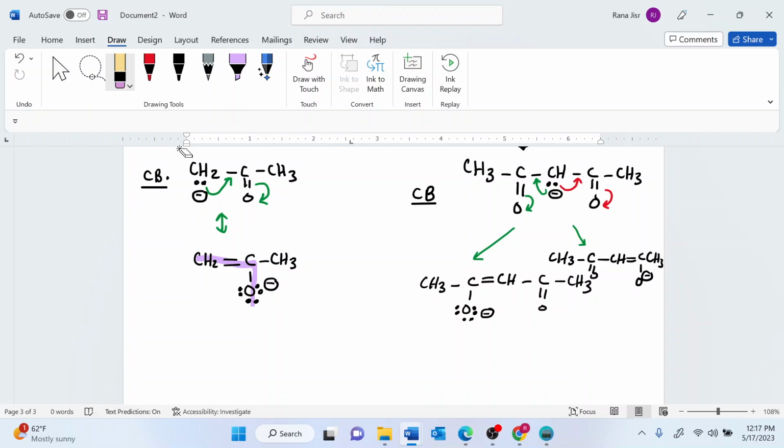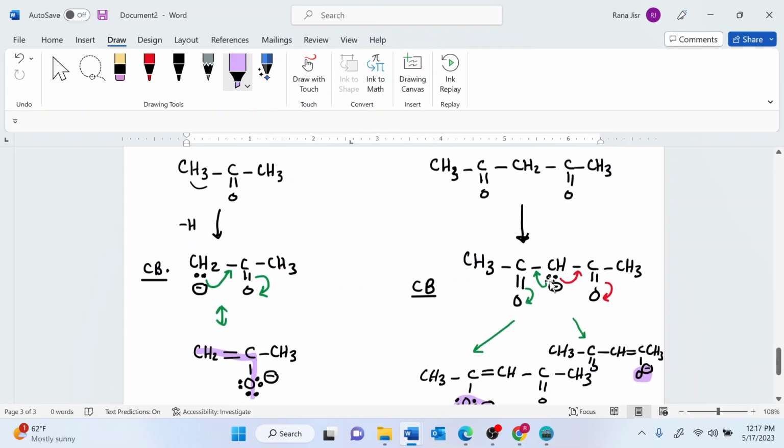So notice that your negative charge is divided between two electronegative elements versus one electronegative element. That is going to make this structure more stable because the charge is delocalized over a higher surface area. And the negative charge is not just on the carbon, it is on the oxygens as well.